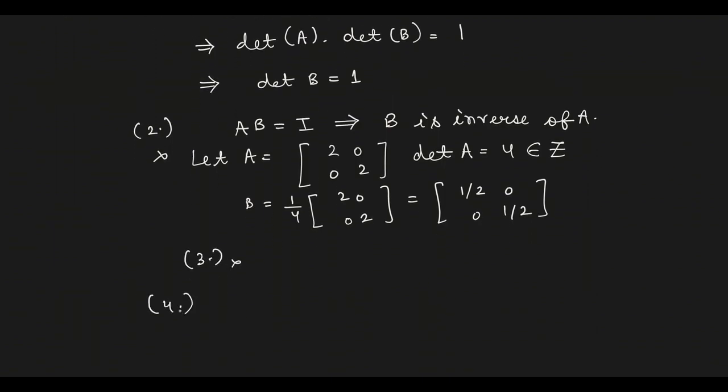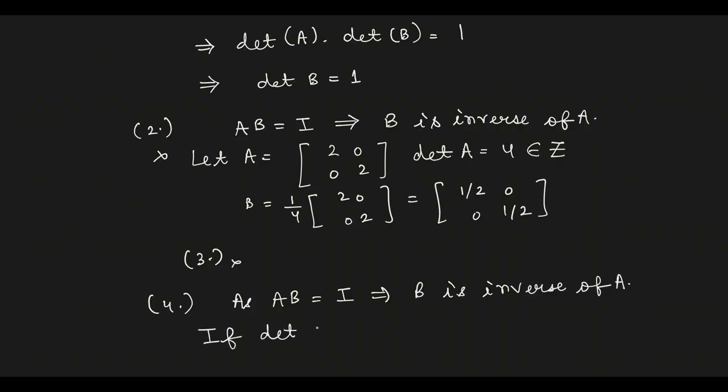Option 4. As AB is equal to identity, this means B is the inverse of A. And I have discussed yesterday that if determinant of A is plus minus 1, then A inverse has integer entries.